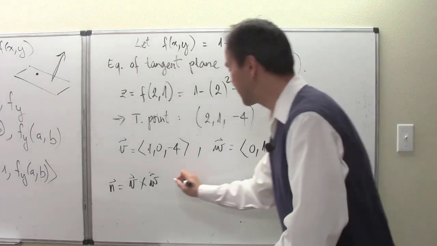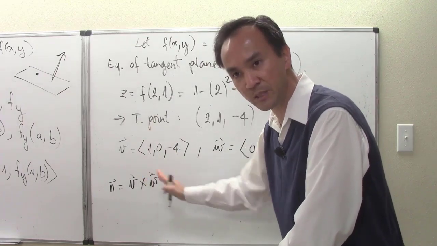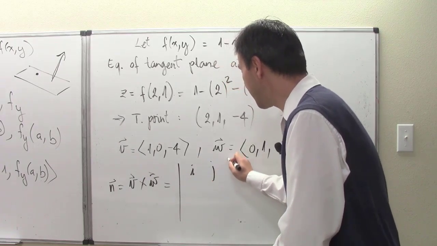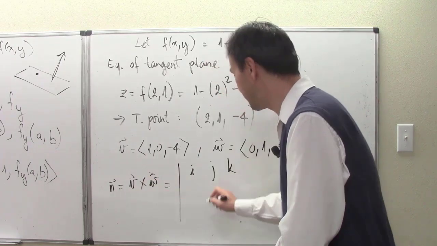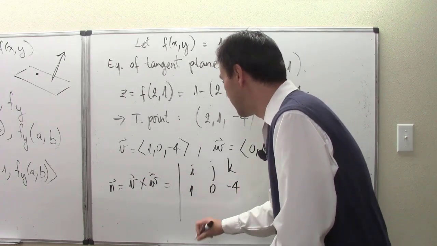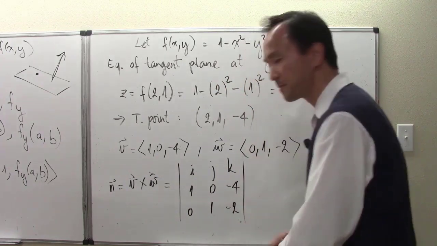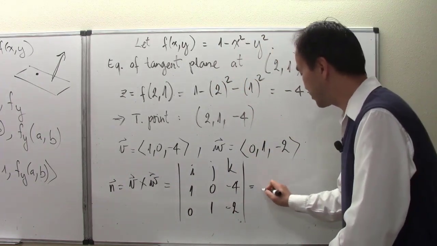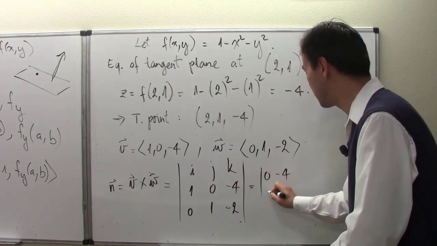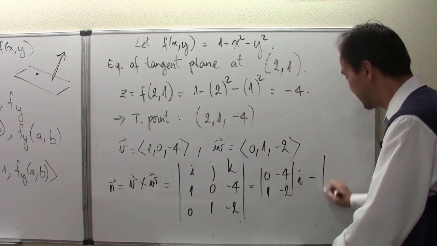Taking the cross product, your skill in how to find a cross product needs to be brought back in here. The easiest way is to set up that determinant with i, j, k. The first vector v has coordinates 1, 0, negative 4, and then 0, 1, negative 2 for w. Then we can expand this out as a subdeterminant 0, negative 4, 1, negative 2 with the i component, and then minus the sub-determinant 1, negative 4, 0, negative 2 with j, and then the last component is plus the sub-matrix 1, 0, 0, 1, which is a determinant actually, with k.